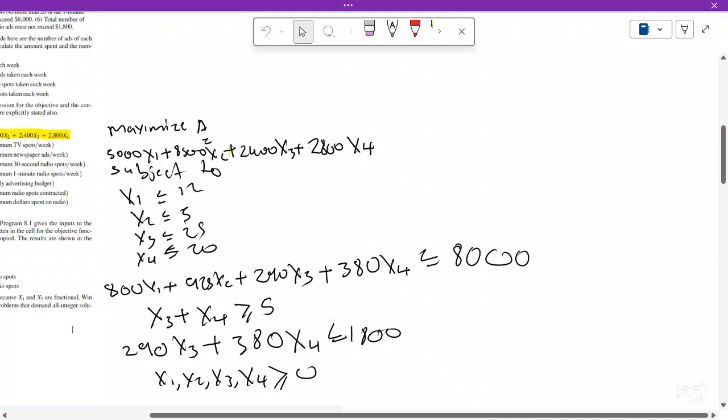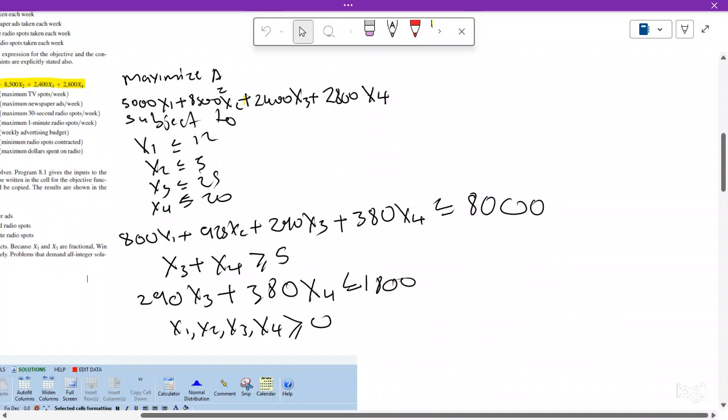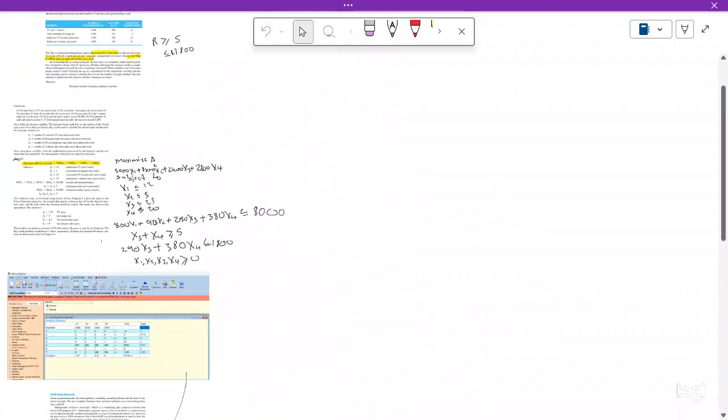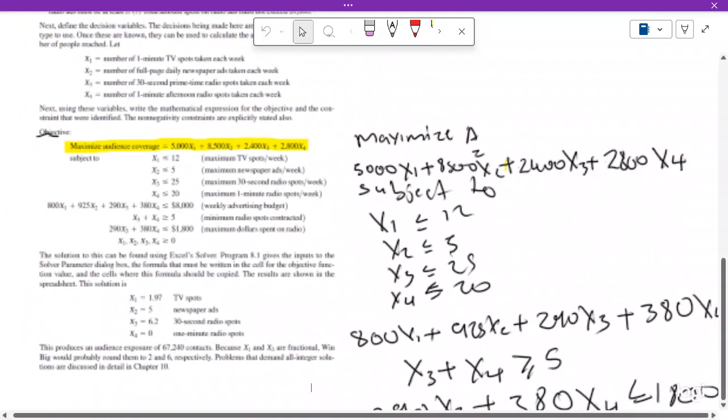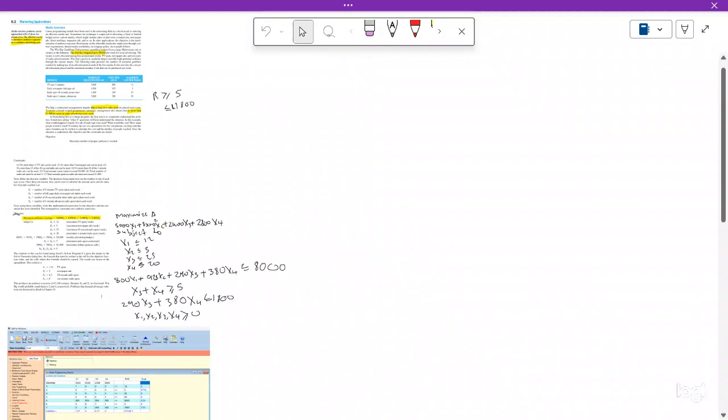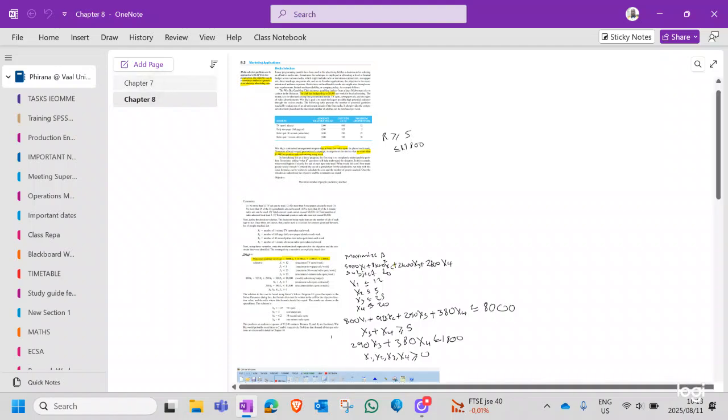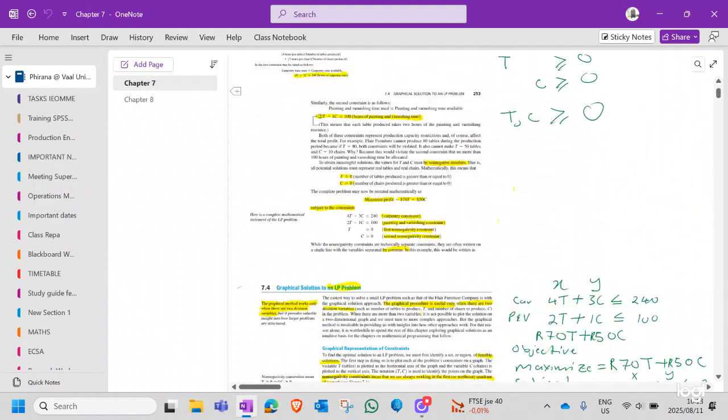As you can see, the number of constraints are very long, and the variables that we are measuring are also complex. Right. So let me just jump into our chapter 7.